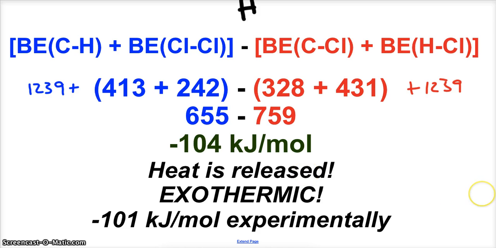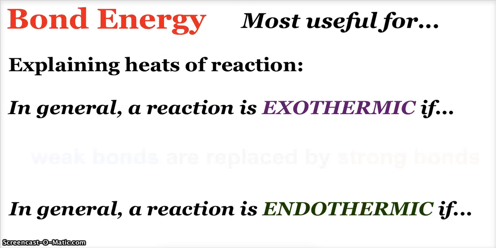Again, you would calculate delta H based upon what they give you. But as far as delta H through the eyes of bond energies, what are they telling us? You see, bond energy is most useful for explaining our heats of reaction.